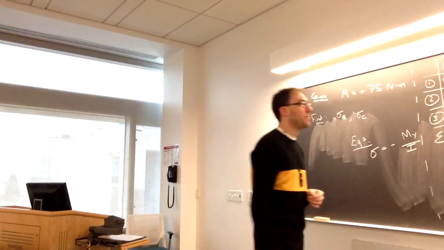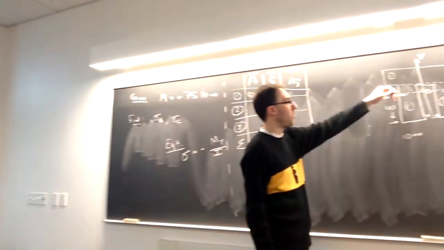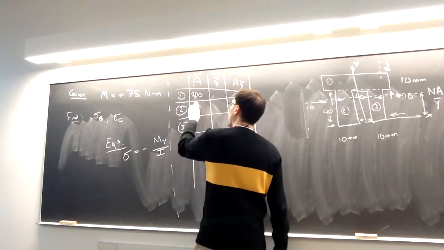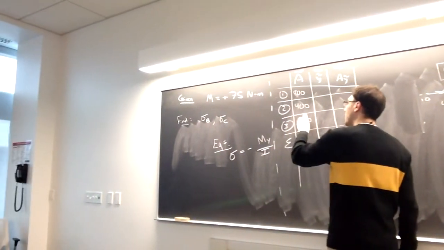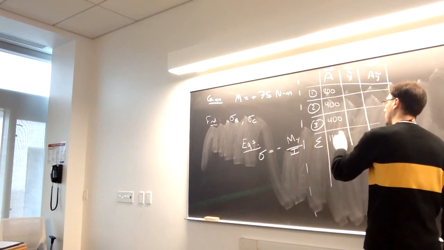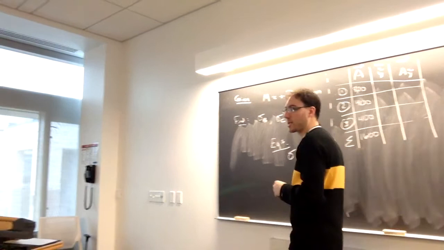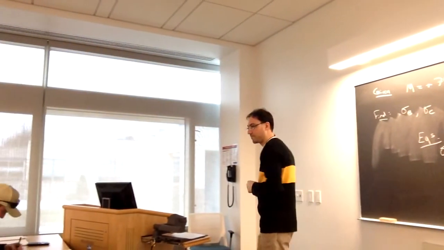Shape number 2 and shape number 3 are both 40 millimeters high by 10 millimeters wide, so 400 millimeters squared for each of them. So the total area of my cross section, 1,600 square millimeters.